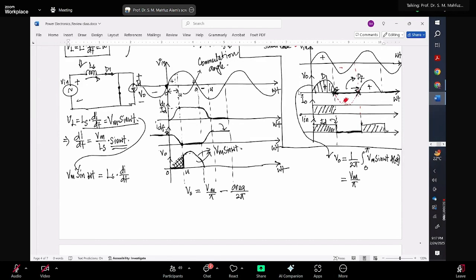This is the equation with respect to t. If I change this equation with respect to theta, or omega t, we can write Vm sine omega t equals Ls multiplied by, with respect to omega t, omega coming forward, di over d omega t.